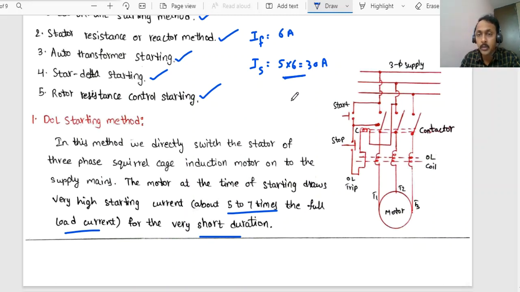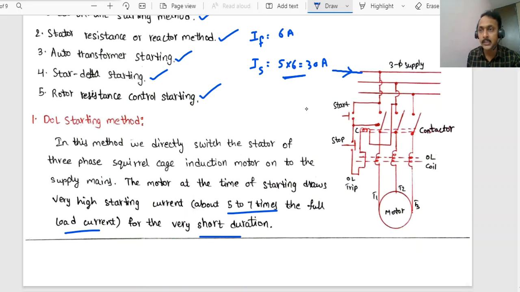If it is going to draw a huge amount of current all of a sudden at the time of starting, then in the lines from where it gets the supply, there will be a huge voltage drop, because the current drawn is very high.